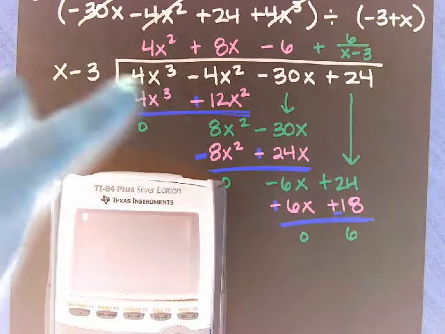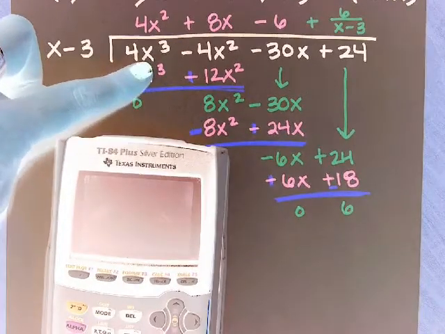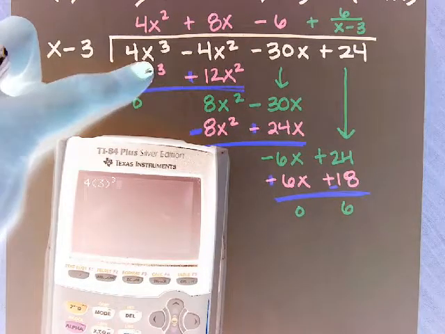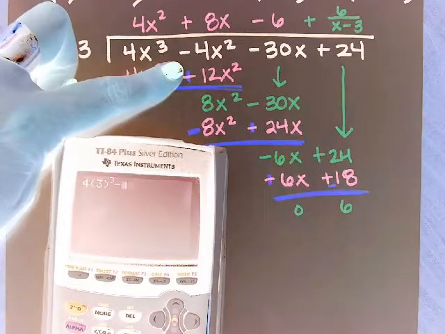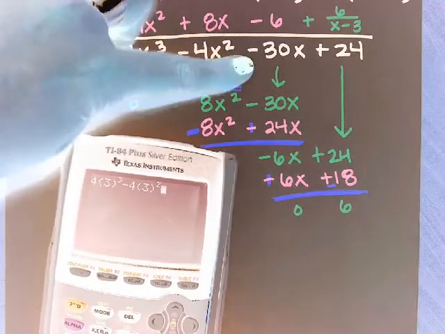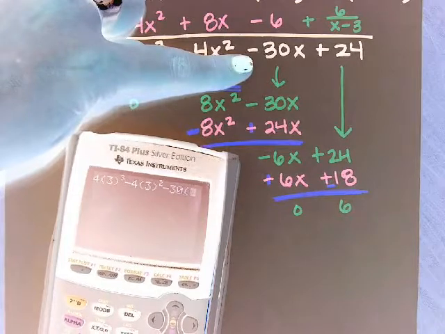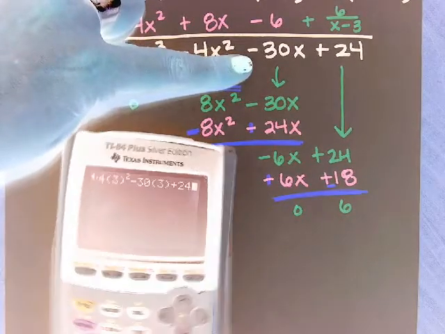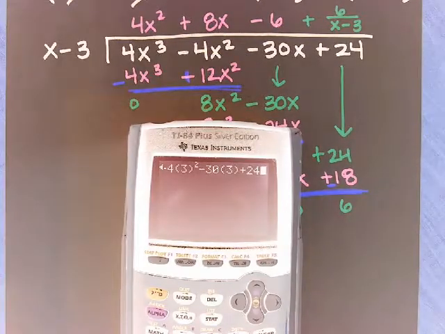Okay, so what I'm going to do is I'm going to take this. 4 times positive 3 to the third minus 4 times positive 3 to the second minus 30 times positive 3 plus 24. Go ahead and type it in. Tell me what you get.